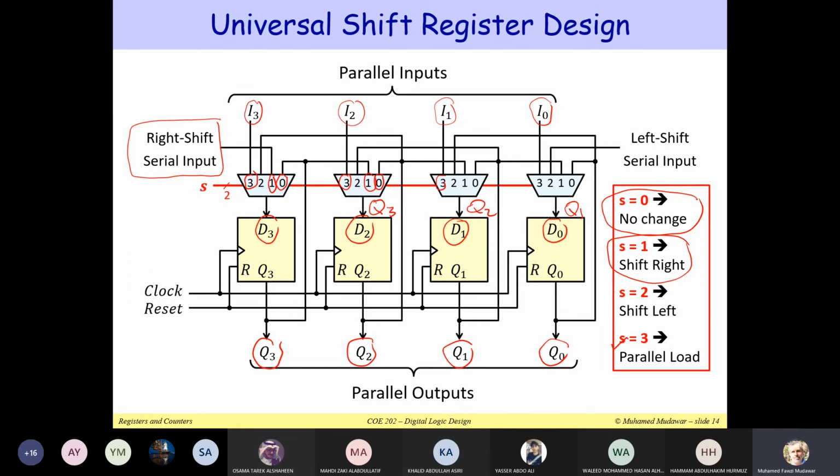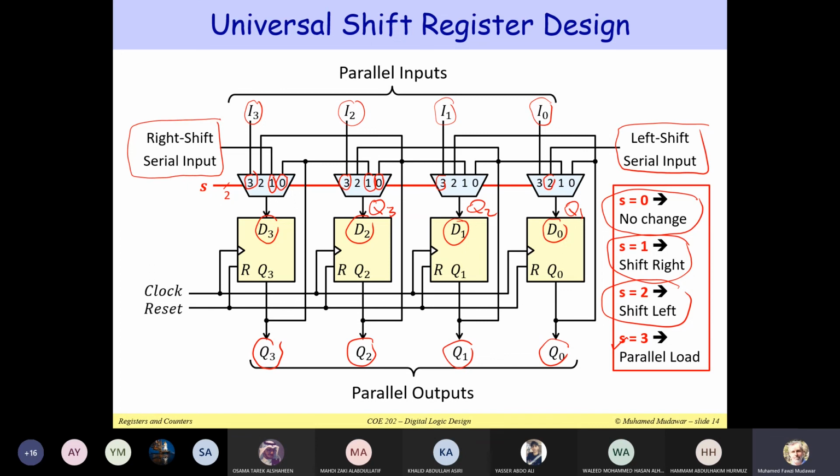This is basically shifting to the right. You can reverse that using S equal to 2 and shift to the left, but you have to change the wiring. This will be input 2, my left shift serial input, and you can track what the inputs to the other flip-flops are.